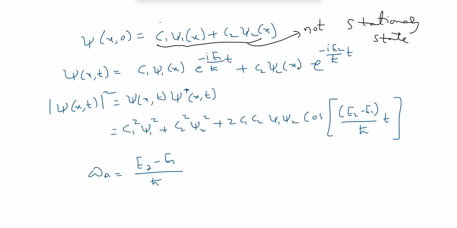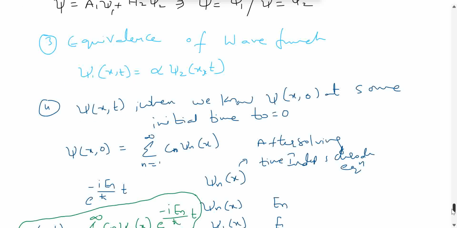Rather, it is a linear combination of stationary states with different energies. So as a sum, this is not a stationary state, but individually psi 1 of x and psi 2 of x are stationary states. So we are done with property number 4.